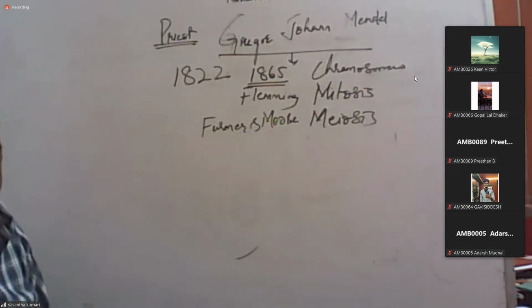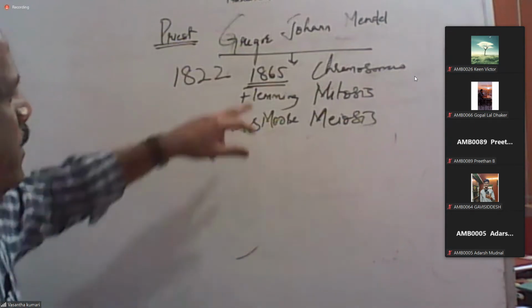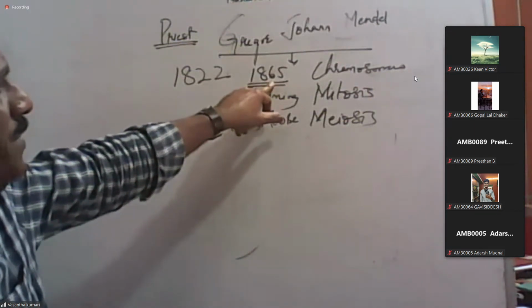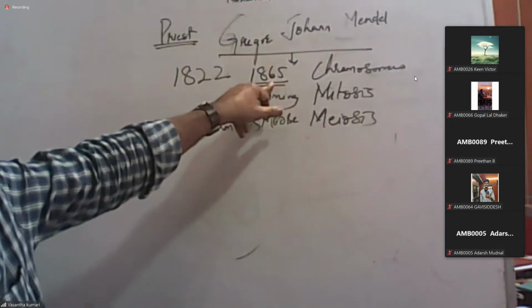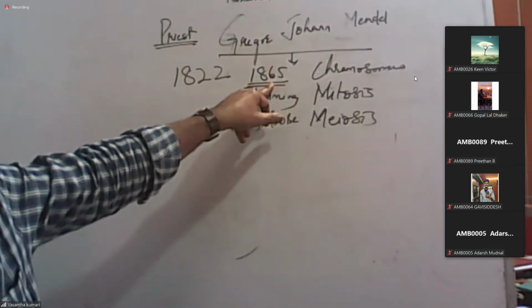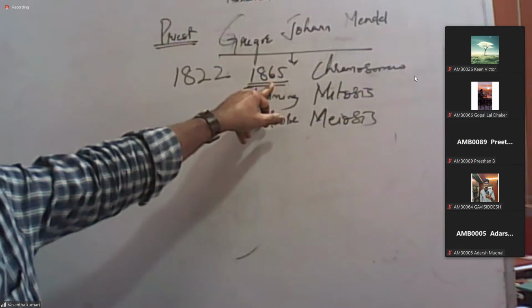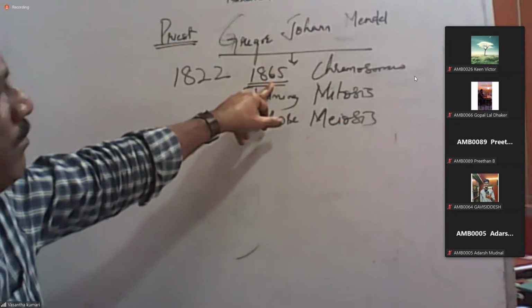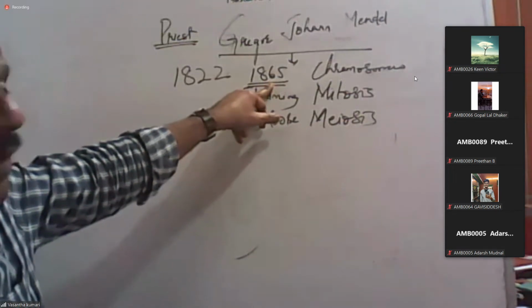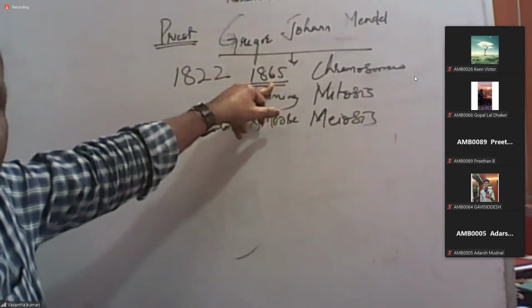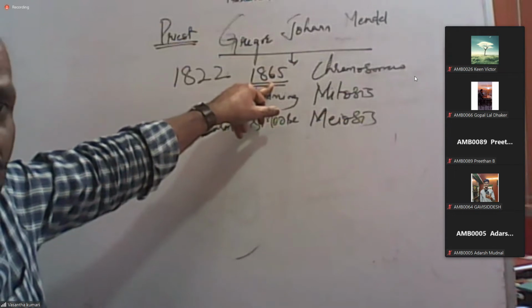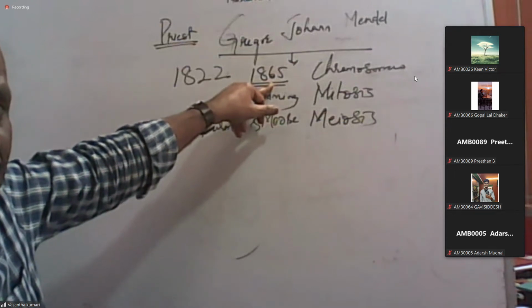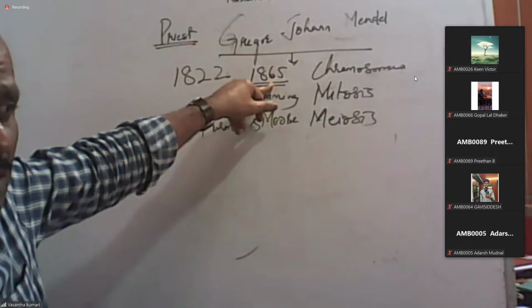How many years from 1865? 157 years. Mendel's findings are now 157 years old.